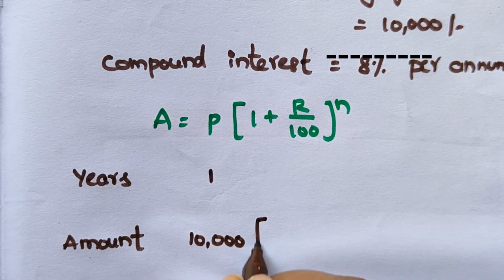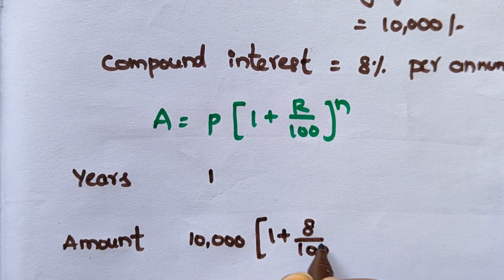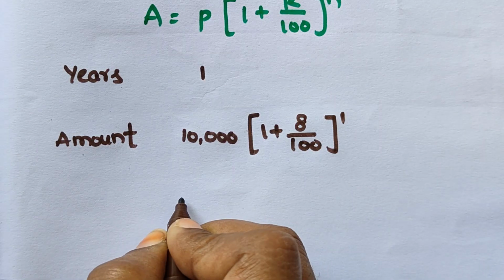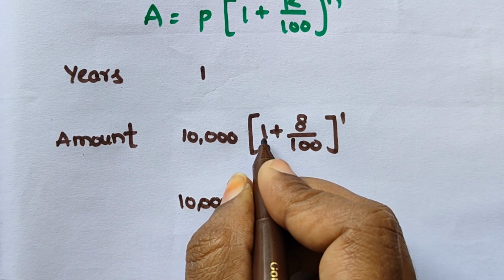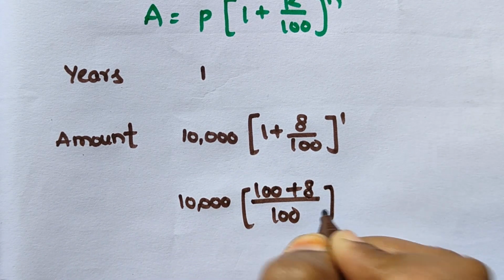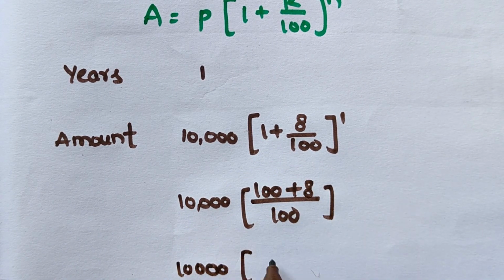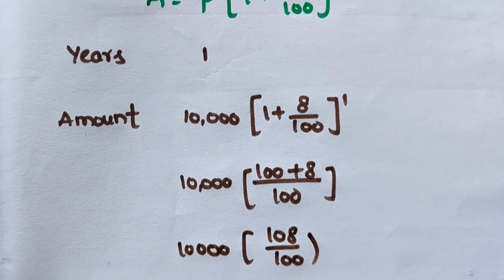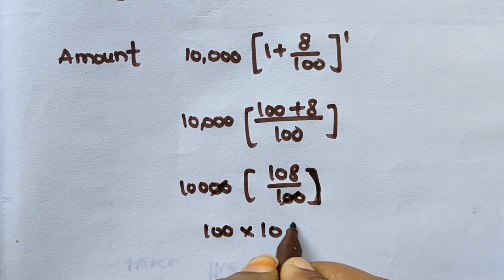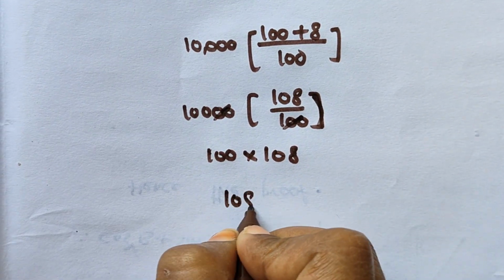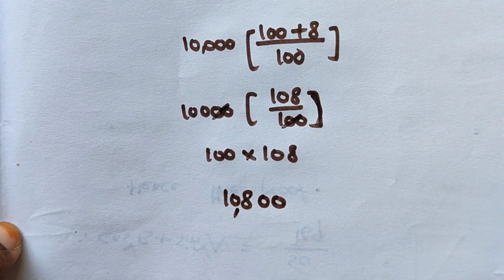Here P is principal amount 10,000 and R is the rate of interest 8. For the first year, n is equal to 1. 10,000 into LCM is 100 plus 8, that is 10,000 into 108 divided by 100. Here is a cancellation, 2 zeros and 2 zeros cancel. Therefore 100 into 108, therefore 10,800. At the first year ending we have 10,800.